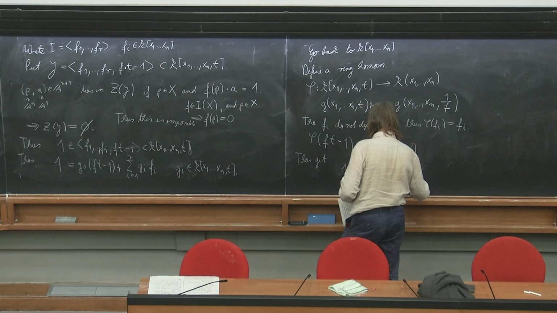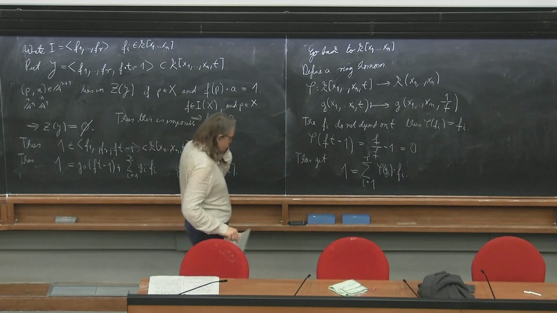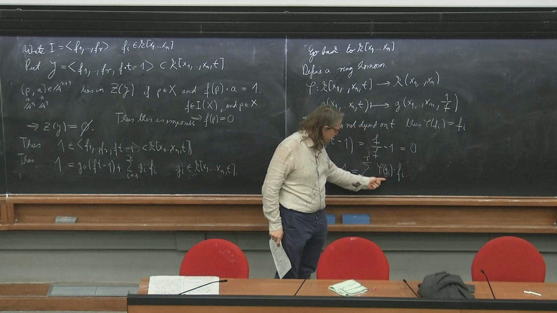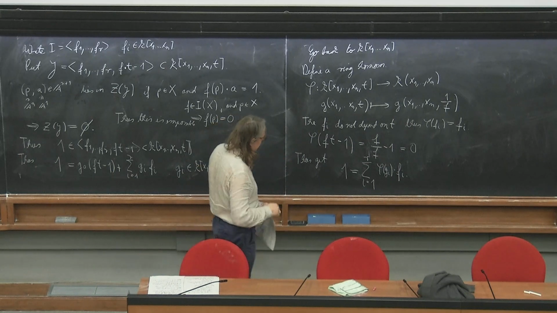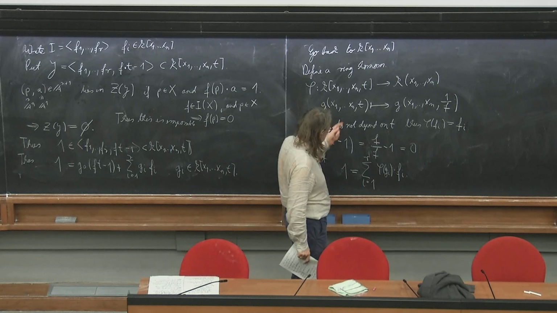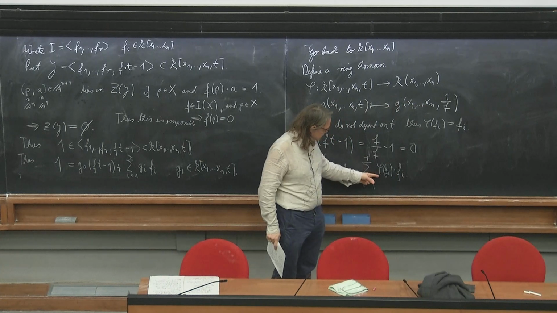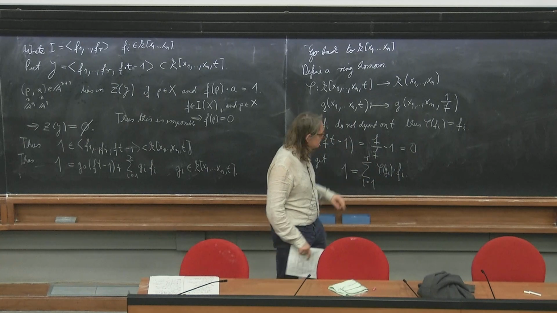Okay, so we found this identity. Now we will be done once we understand what this phi of Gi is, what we can say about it. The only thing we are doing here is replacing t by 1 over f. This will be a rational function whose only denominator can be a power of f. And then we will pull f to the other side and we'll get our result.